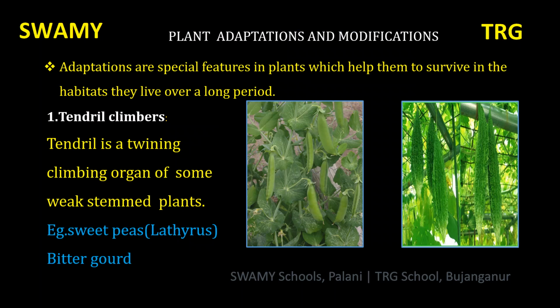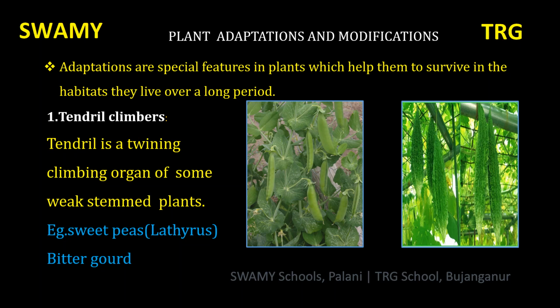Plant adaptations and modifications. Adaptations means adjustment. Modifications in Tamil, மாற்றங்கள். Adaptations are special features in plants which help them to survive in the habitats they live in over a long period.